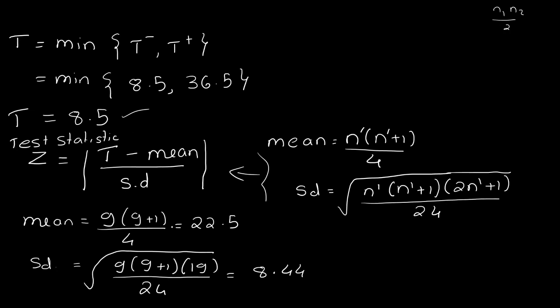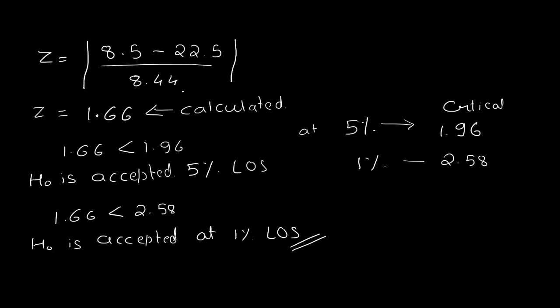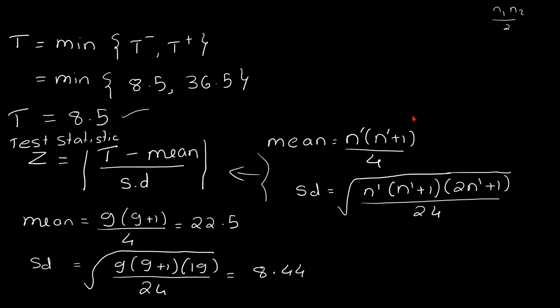Once this value has been calculated, this calculated z value will be compared with the critical values at 5% or 1%, and based on that your null hypothesis will be accepted or rejected, and that will be concluded. So this is how we proceed with this kind of test.